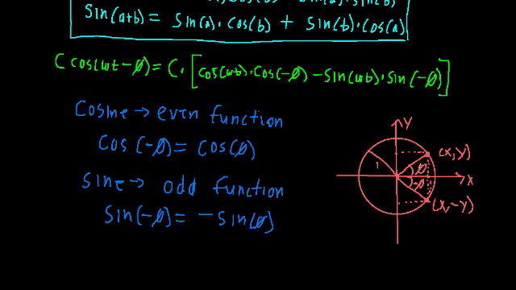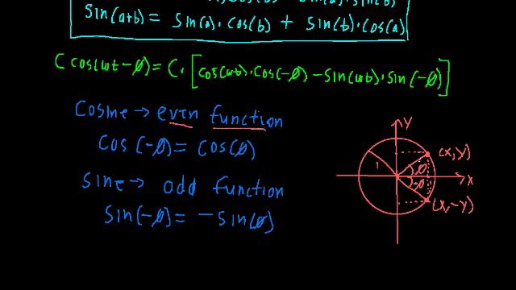So cosine of phi is equal to our x, and that is equal to the cosine of negative phi. So cosine of negative phi is equal to cosine of phi. That's what we call an even function.